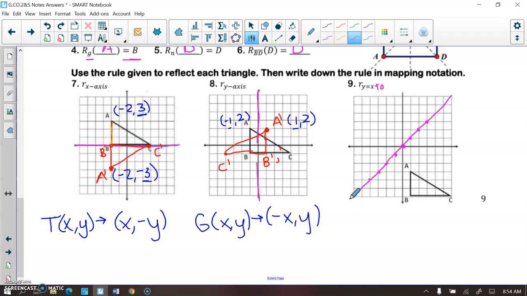Okay, so point A, we have to travel perpendicular to that line, is 1 whole diagonal of a square and 2 whole diagonals of a square. So if I go 2 whole diagonals on the other side, I wind up with A prime being right here.